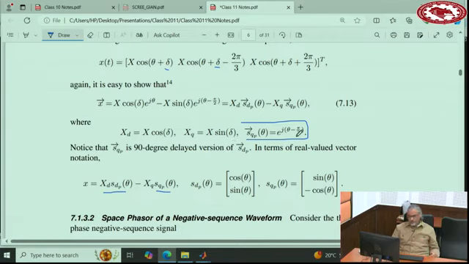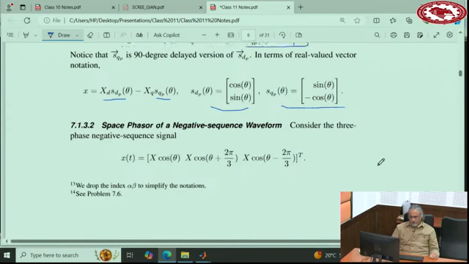So you see negative 90 degrees here. Okay, so that's a consistent way that I will go with quadrature and direct. And in terms of real vectors, that will be this one, we already said, and for Q will be this one. So this was basically the expression of space phasors for a positive sequence.